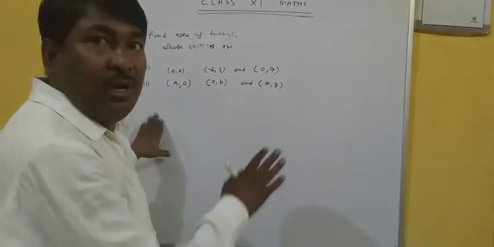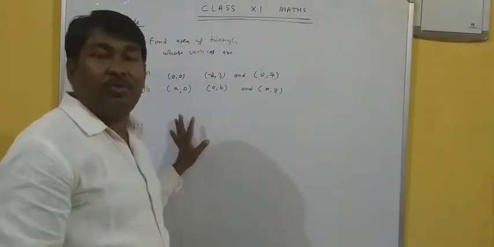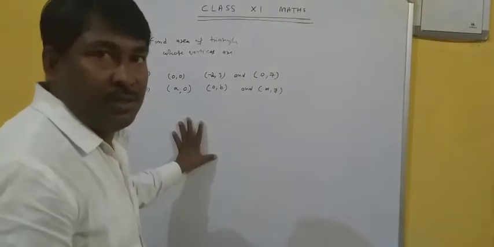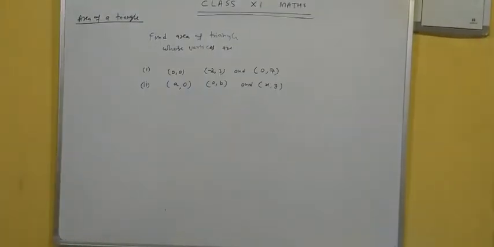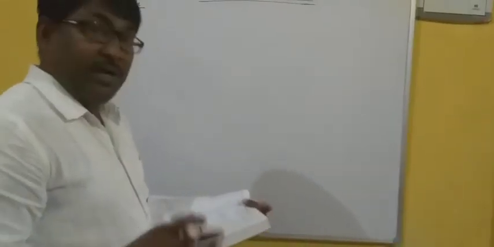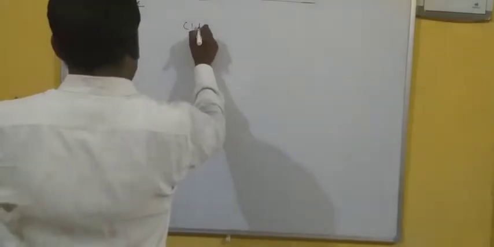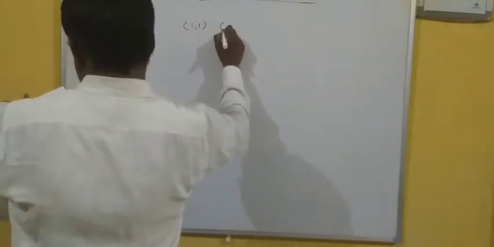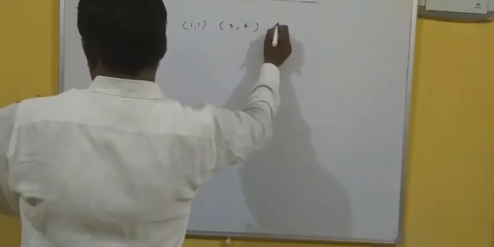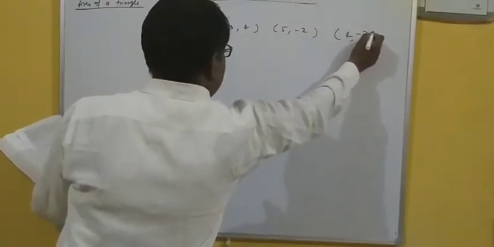Now I am going to tell how to apply the area of quadrilateral formula to calculate the area of a quadrilateral. So we are going to calculate the area of a quadrilateral whose vertices are 1 comma 1, 3 comma 4, 5 comma -2 and 4 comma -7.